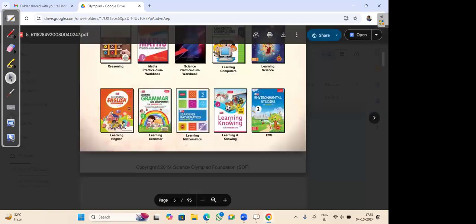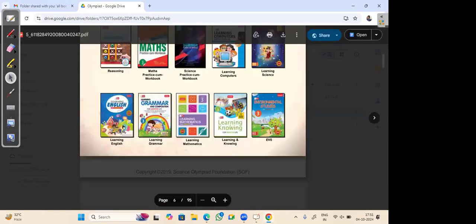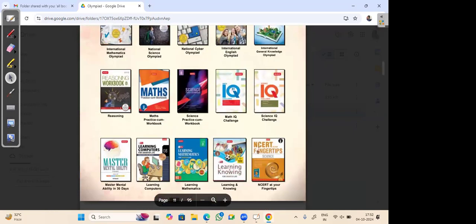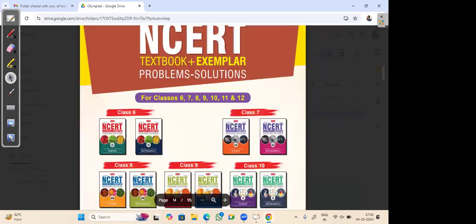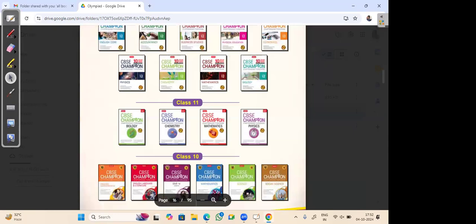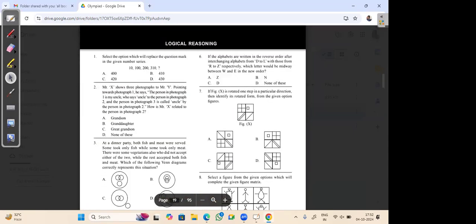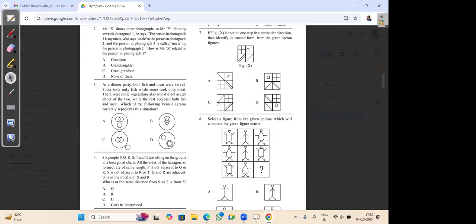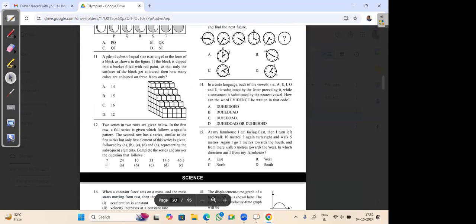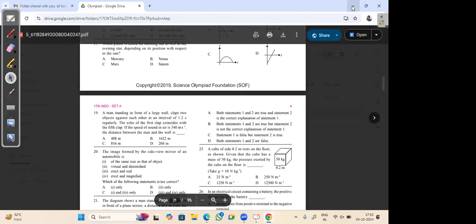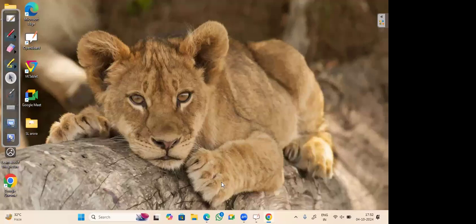Sir, can you scroll more? Just a minute. Oh, these are just the PDFs of these, I think. They have just given ads in these. So these are the questions which I have. They have logical reasoning. Sir, this is not the workbook, sir. Okay, anyways, I got your question, so just let me explain your question first.